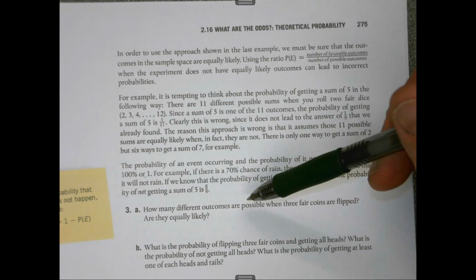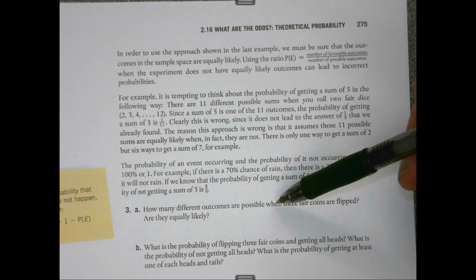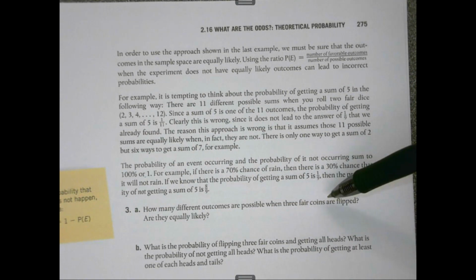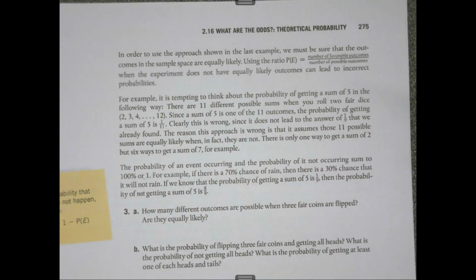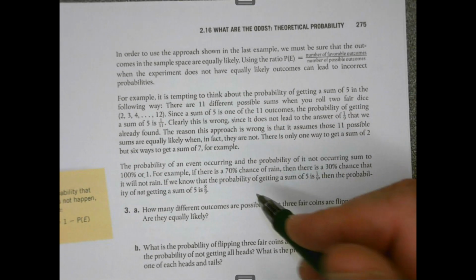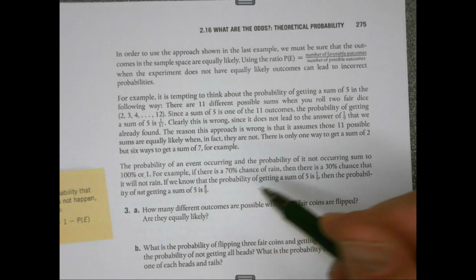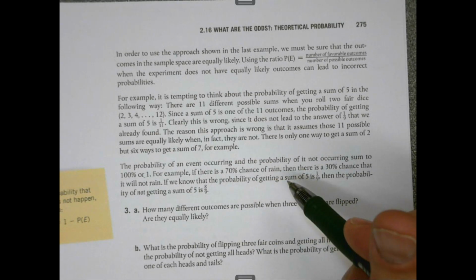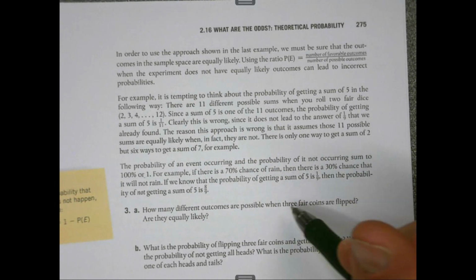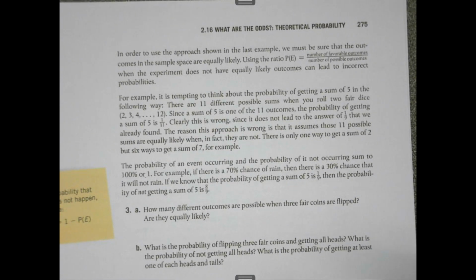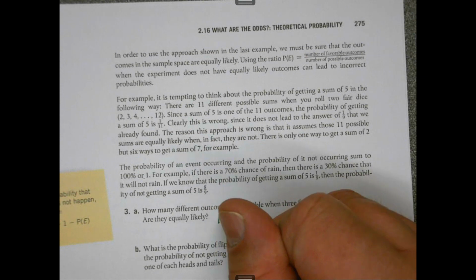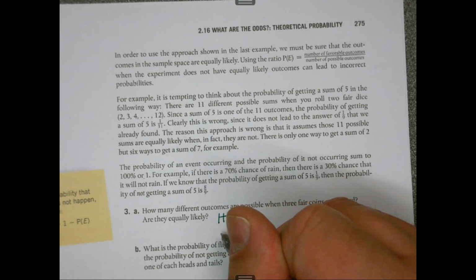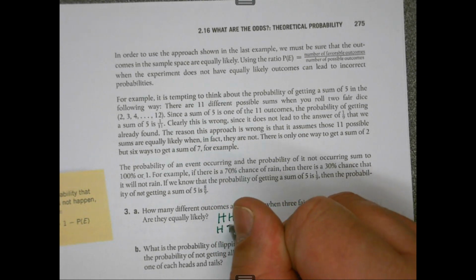So the first time I can get heads, heads, heads, or I can get tails. I should say heads, heads. Okay, so the first flip I can get heads, heads, heads.